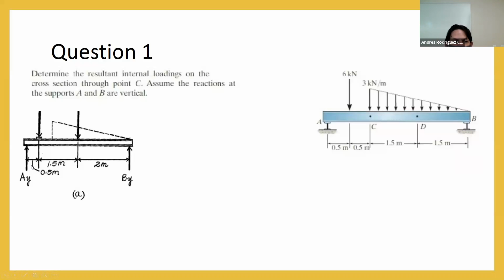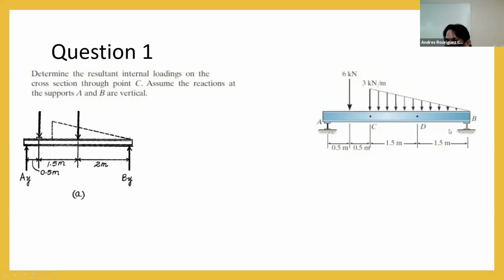So we have a reaction here and another reaction here that are vertical. We have the point force equal to 6 kilonewtons at this point, and we are going to have a triangular force given by the figure that we have here. This triangle is going to be 3 kilonewtons at the top and 0 kilonewtons in this part. So first we have to analyze what is going to happen with this figure to obtain the reactions.